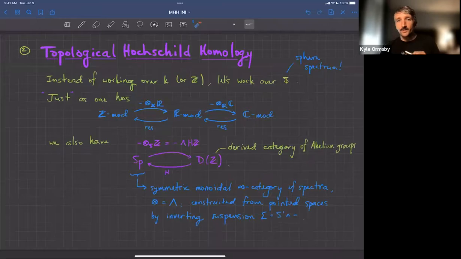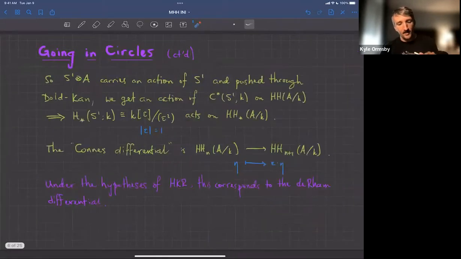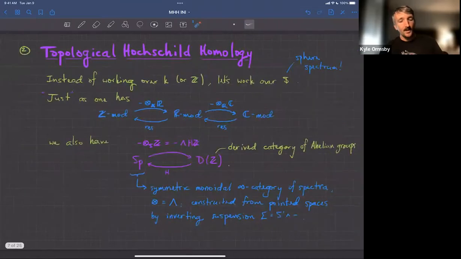People use this with non-commutative algebras, and they start thinking about non-commutative geometry that way. People use this in other contexts, work of Scholze and Nikolaus, to think about crystalline cohomology. Lots of places where this shows up.